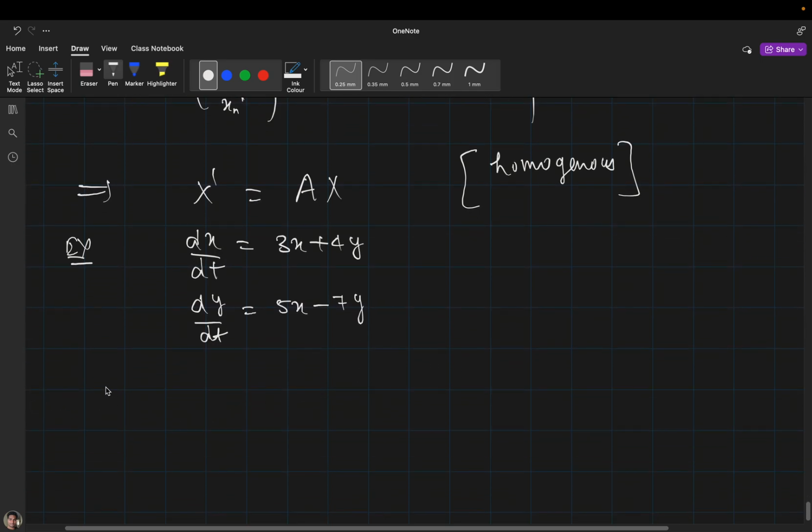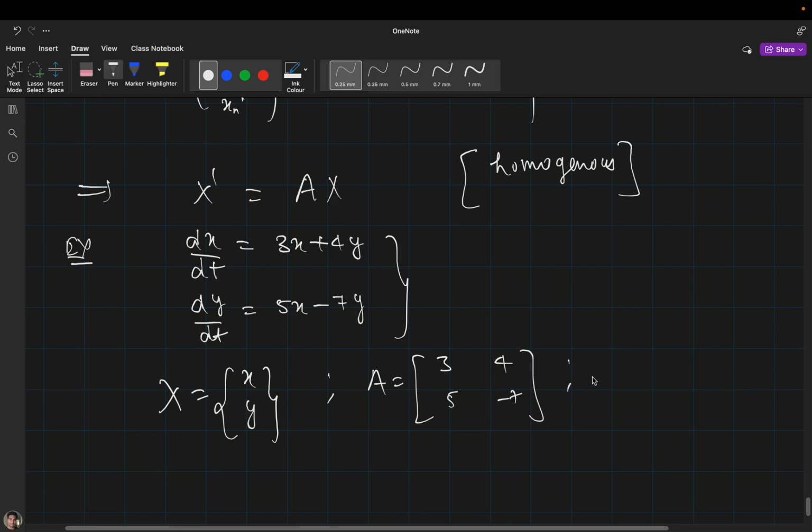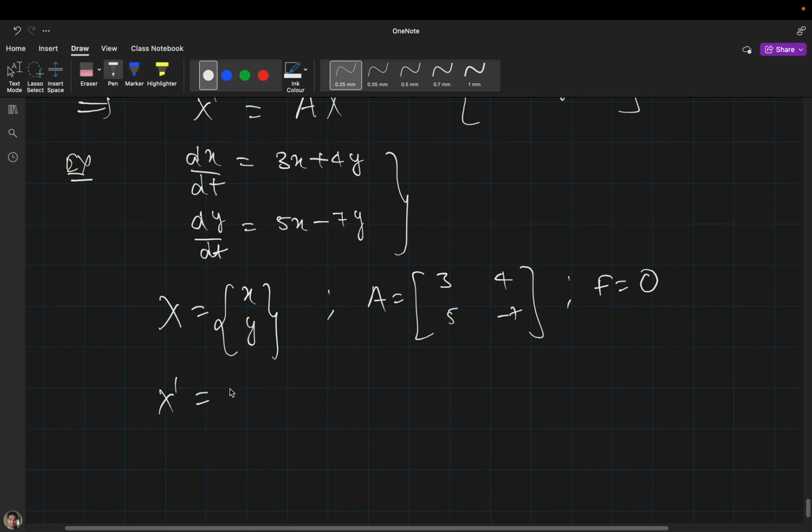Clearly you can see that in this form, capital X is nothing but x and y, and matrix A is 3, 4, 5 and 7, and f is 0. And X dash is nothing but x dash and y dash, or you can write dx/dt and dy/dt. This is a simplified version of the linear system of first order differential equations.